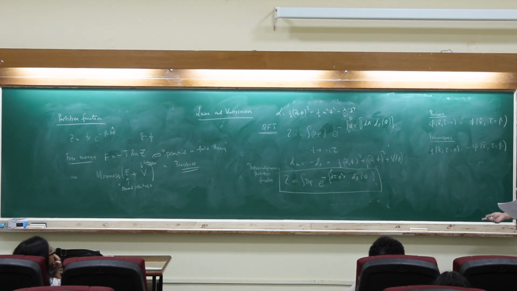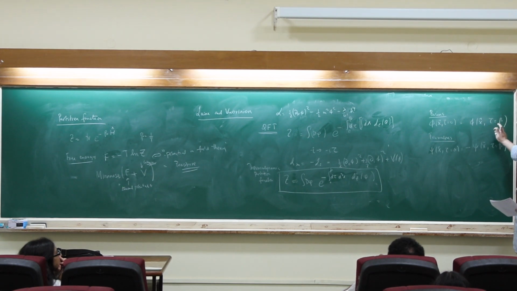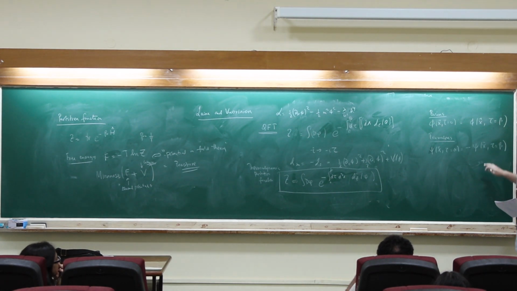So this is the boundary condition I have for bosons, and this is for fermions. All these things need a proof, which I am not giving, but please look it up in the notes. I'll just tell you how the calculations are done, and once you do the zero temperature calculation, it's a straightforward translation into this.